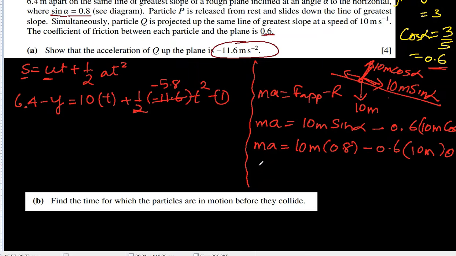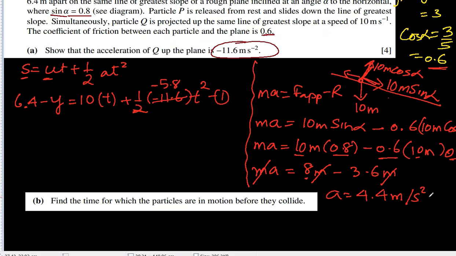Alright, so ma equals 10 times 0.8, which is 8m, minus 0.6 times 0.6, which is 0.36, times 10, 3.6m. So all three have m, we can again cancel them out. A becomes 8 minus 3.6, which is 4.4 meters per second square, positive downwards.